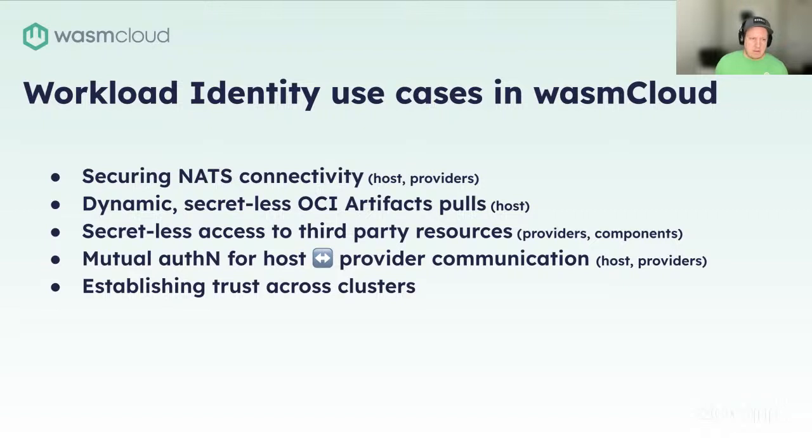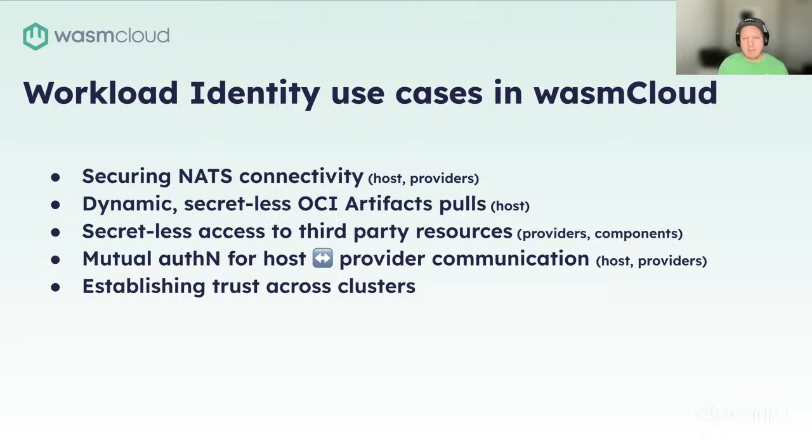And then down the line, there are use cases such as establishing mutual authentication between the hosts and the providers. So there might be a provider that has an endpoint that the host wants to talk to. Today, these interactions all happen over NATS, but in the future, they could also happen through other means.